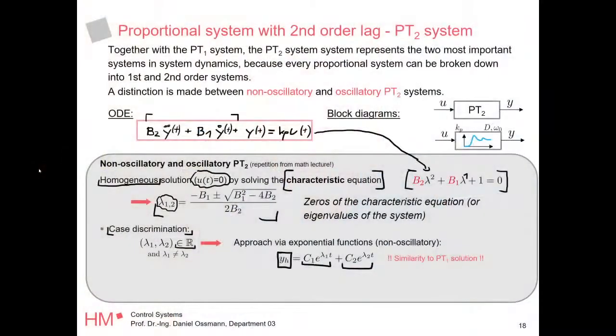It will be the same, but it's much simpler. Okay, so what you should see is that this looks similar. If lambda 1 and 2 are real, the homogeneous solution looks similar to the PT1 system. It only has two of these exponential functions.